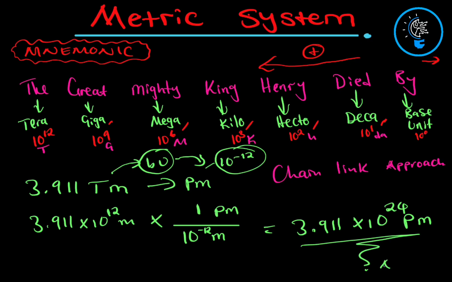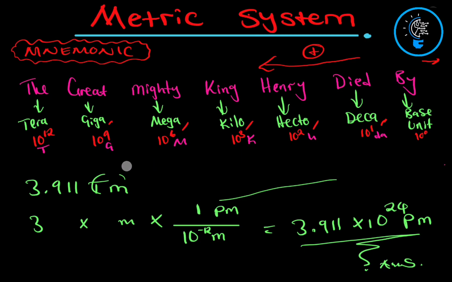So this one will be your final solution. That's how you convert terameters into picometers. Remember, if you have a base unit in between the two conventions, you need first to convert from this unit into the base unit, then from the base unit into whatever unit you want to convert into.